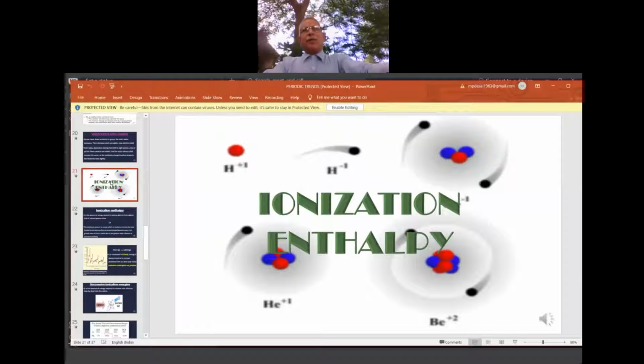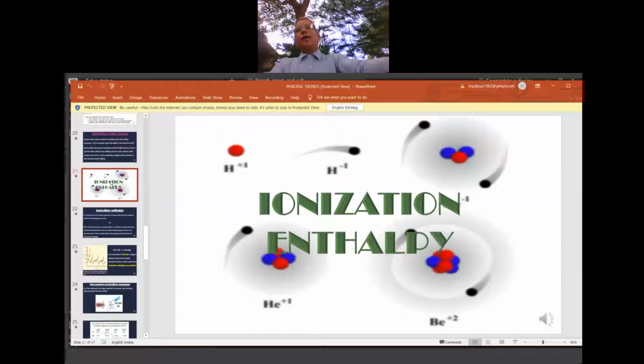There are various stabilities explained on different grounds. Here stability means, on the modern periodic table, at the extreme right side there is one group: helium, neon, argon, that 18th group. If you see their electronic configuration, their shells are completely filled.